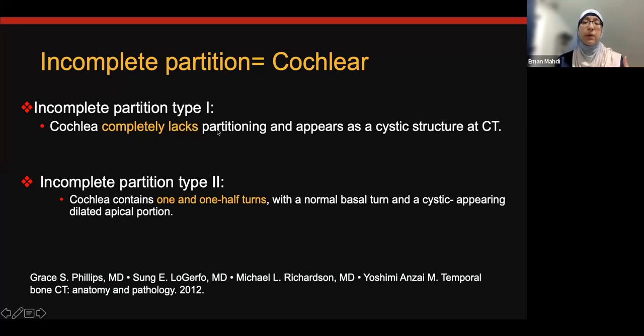So there are types within the incomplete partition. Type 1 is where the cochlea completely lacks partitioning and appears as a cystic structure. Type 2 is where the cochlea has a little bit of turn, so it's a less severe appearance compared to type 1.